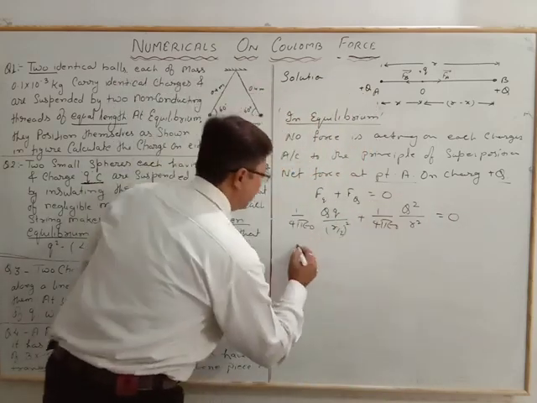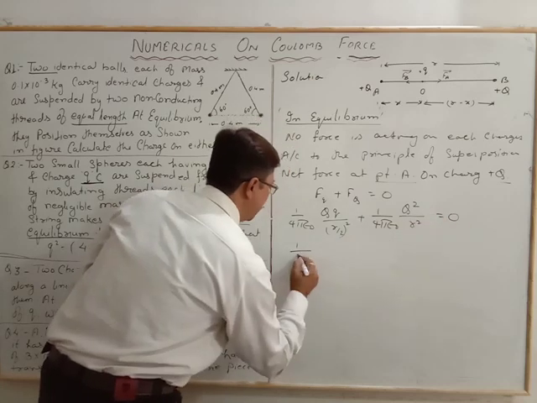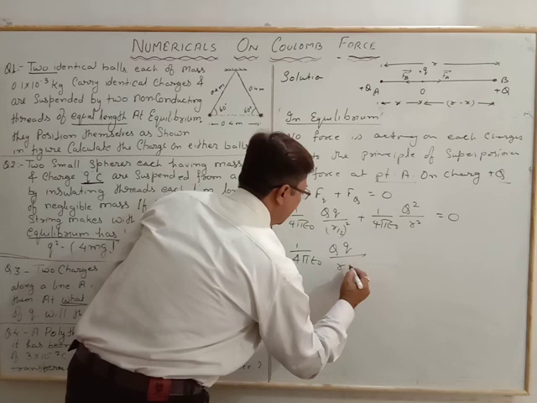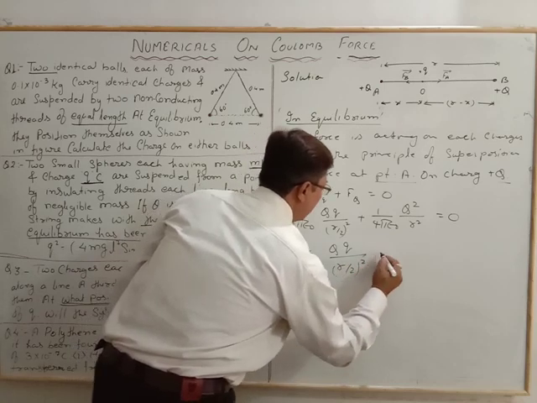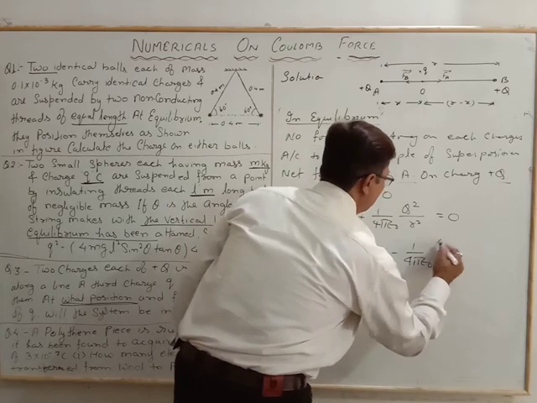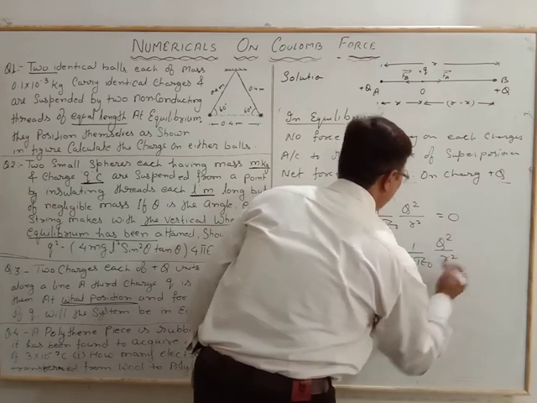Now cancel out, or just change the position: Q small q by r by 2 minus 1 by 4 pi epsilon naught Q square by r square.